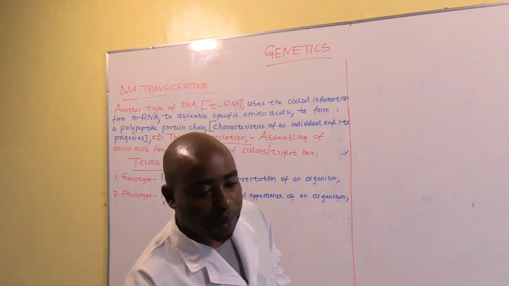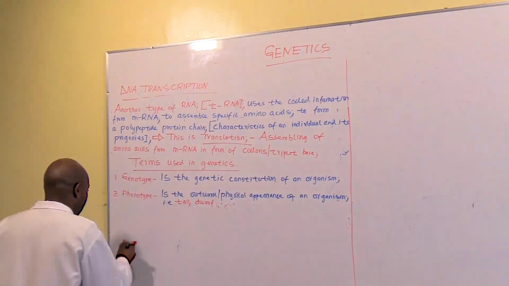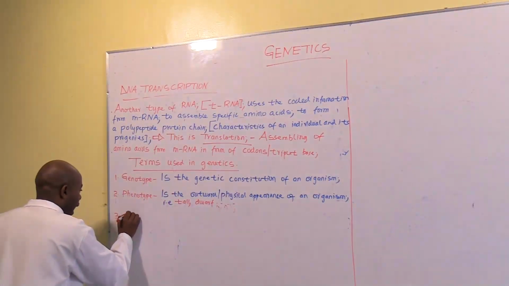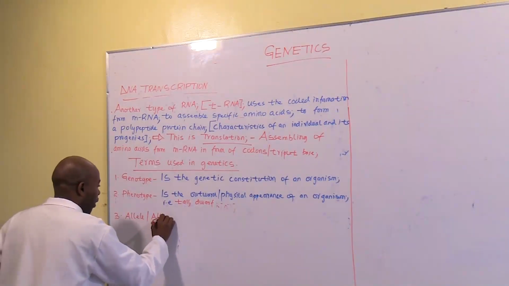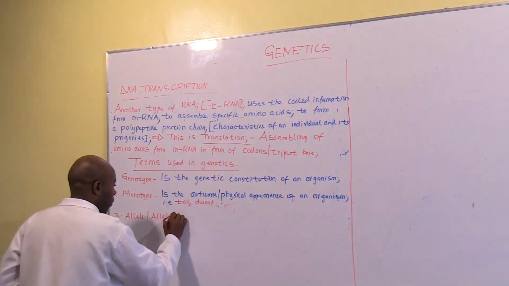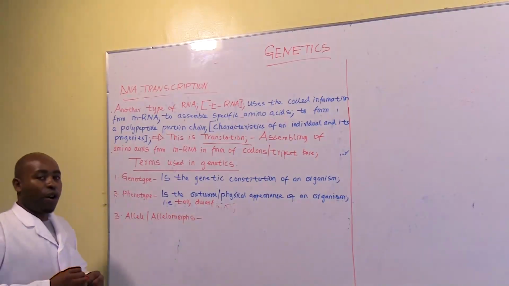Then the other term, number 3, we have allele, also known as allelomorphs. So we have the allele or the allelomorphs.